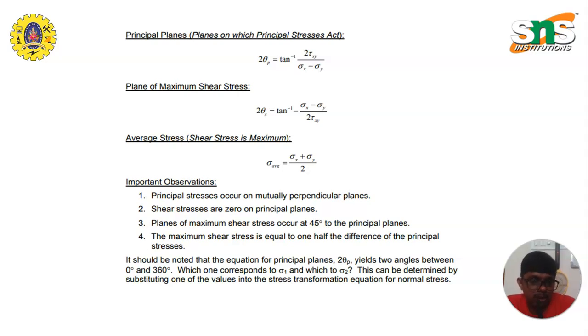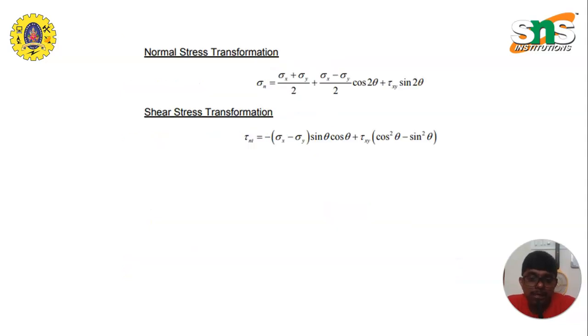It should be noted that the equation of the principal plane is 2 theta p. If you solve it, you get two angles between 0 degrees and 360 degrees, which correspond to sigma 1, the principal stress in the x-axis, and the principal plane of the y-axis. This can be determined by substituting any one of the values into the stress transformation equation.